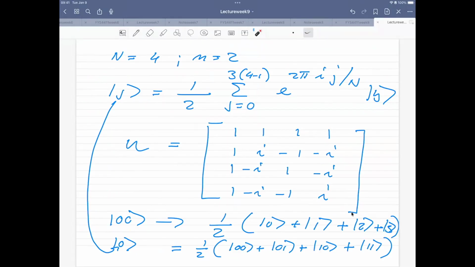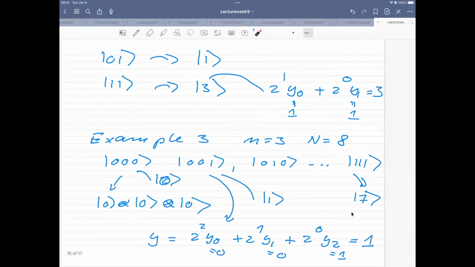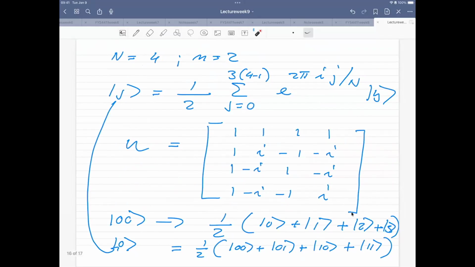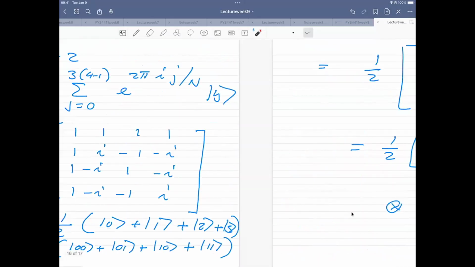So here I just took the states which I have defined, 0, 1, etc. I plug them into the formula, and then I find the new basis. And that means that the 0, 0 state in the new basis is then a linear combination of 0, 0, 0, 1, 1, 0, and 1, 1. So that's the Fourier transform for that specific state.